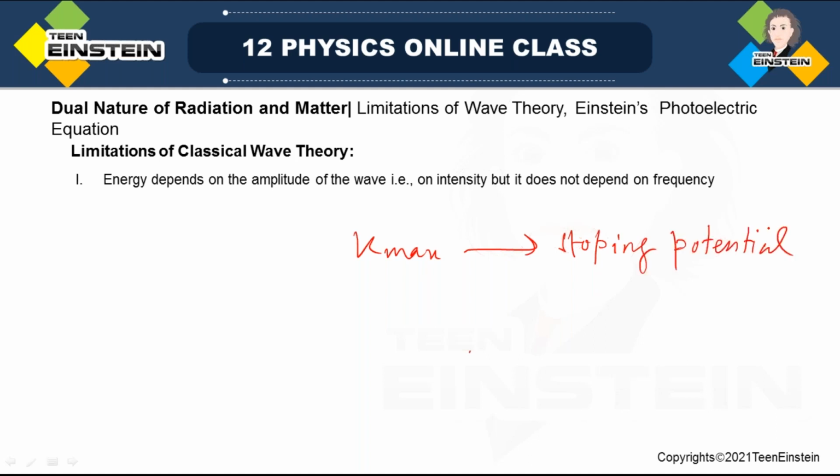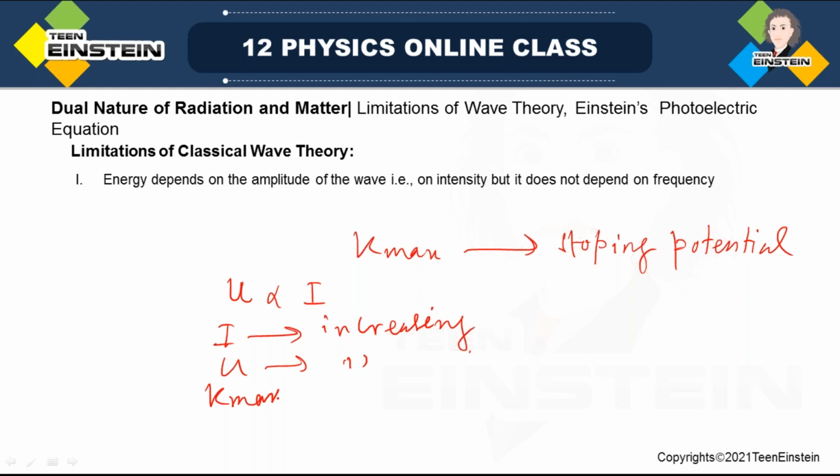According to wave theory, what is happening? U is proportional to intensity. So if intensity is increasing, U also will increase, and then what should increase? Kmax.